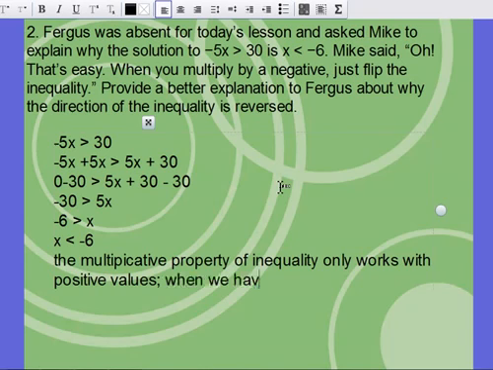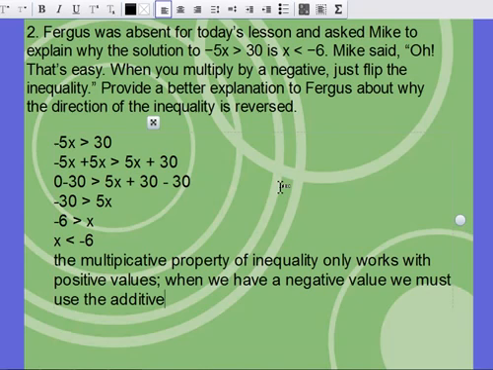When we have a negative value, we must use the addition property.